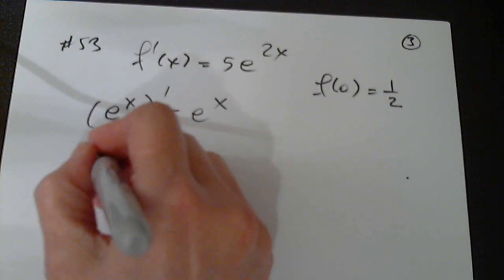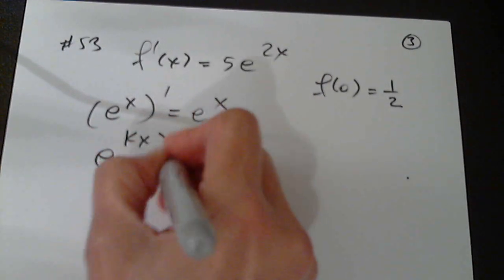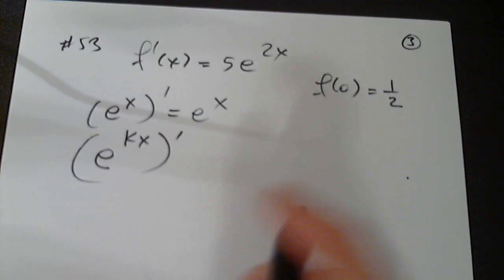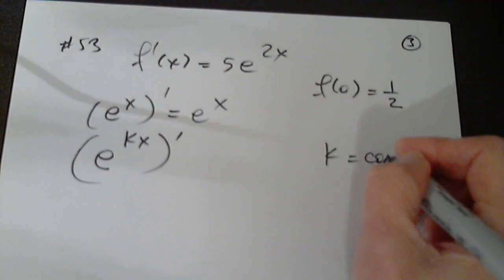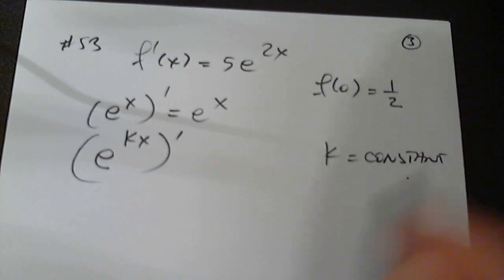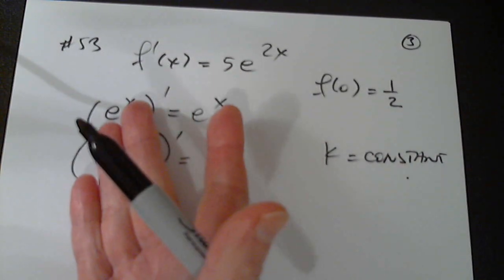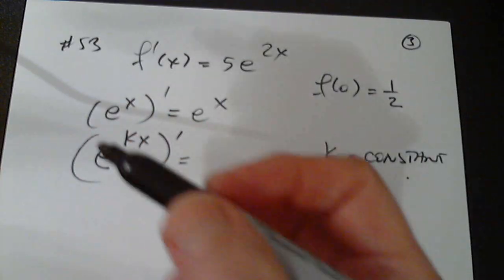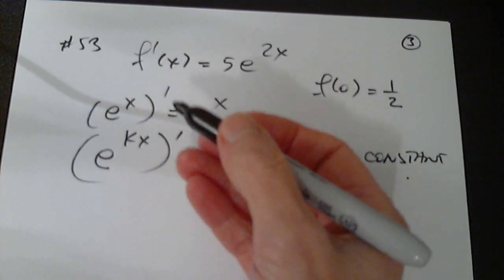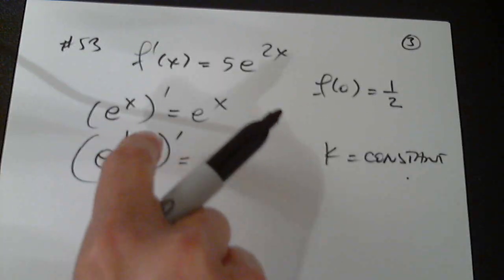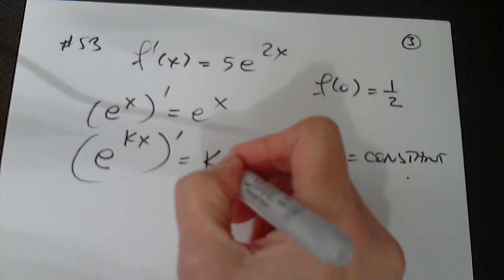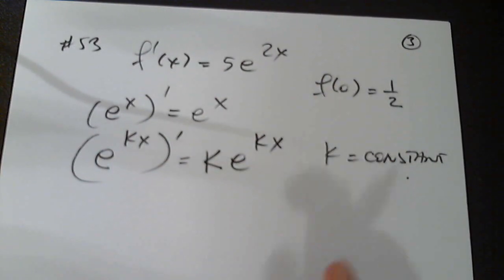Now when we differentiate e, let's say, to kx, k any constant, well, it's e to a function now, not x. The derivative of e to a function is e to that function times the derivative of the inner function. So this is k e to kx.